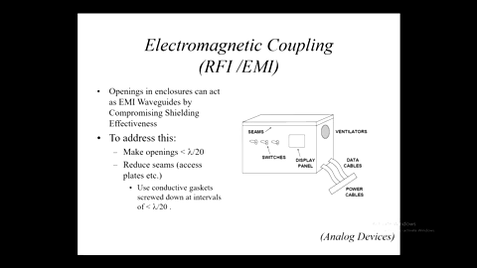That conductive gasket is meant to reduce the apparent seam, so that we actually want to make the dimensions of any holes that would allow magnetic coupling in to be less than 1/20th of the wavelength of that interference. Also, screws are put into lids at specific distances, and they're usually set up to be less than 1/20th of the wavelength for that reason again.